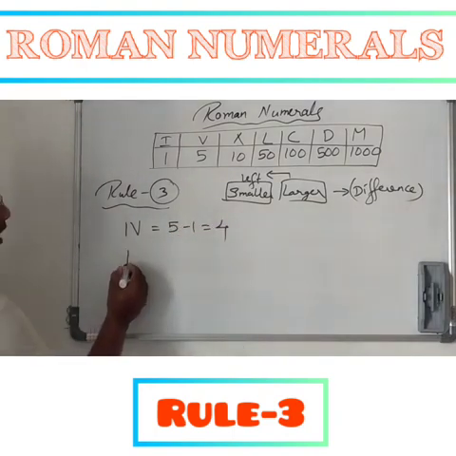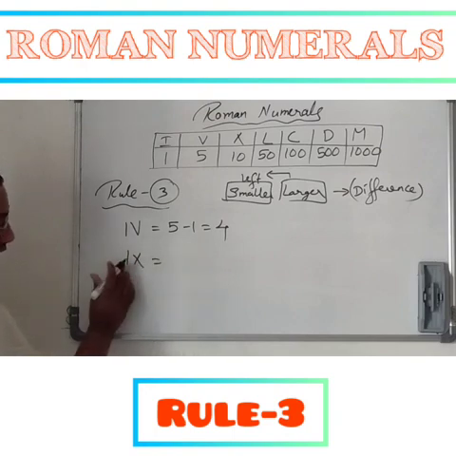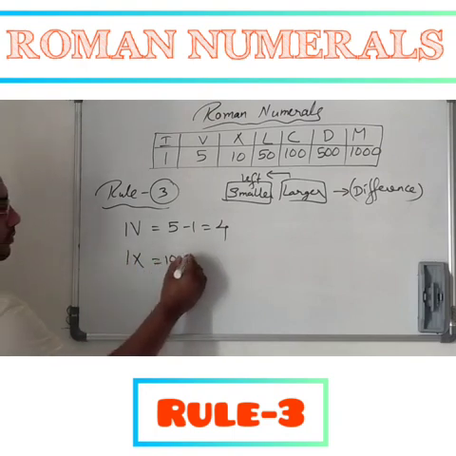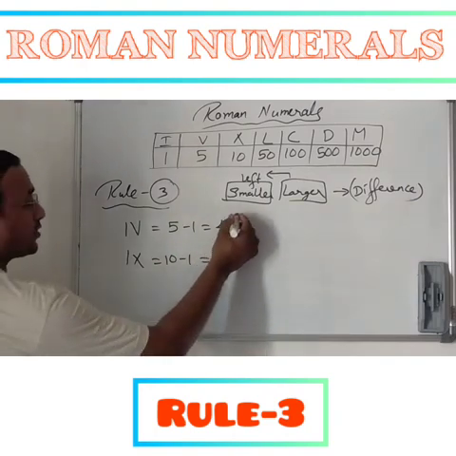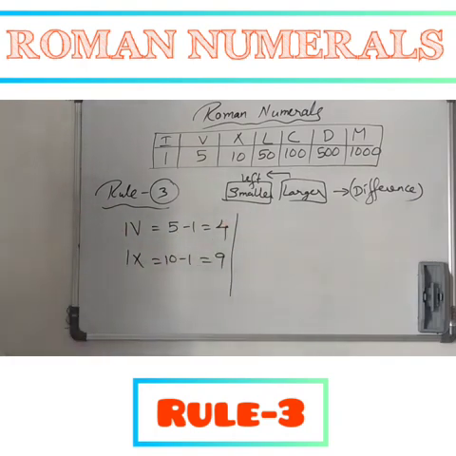Similarly IX, we have the smaller one on the left side, so 10 minus 1, it's 9. Okay friends, and one more thing: I can be used before V and X only once, that is, they are subtracted only once.